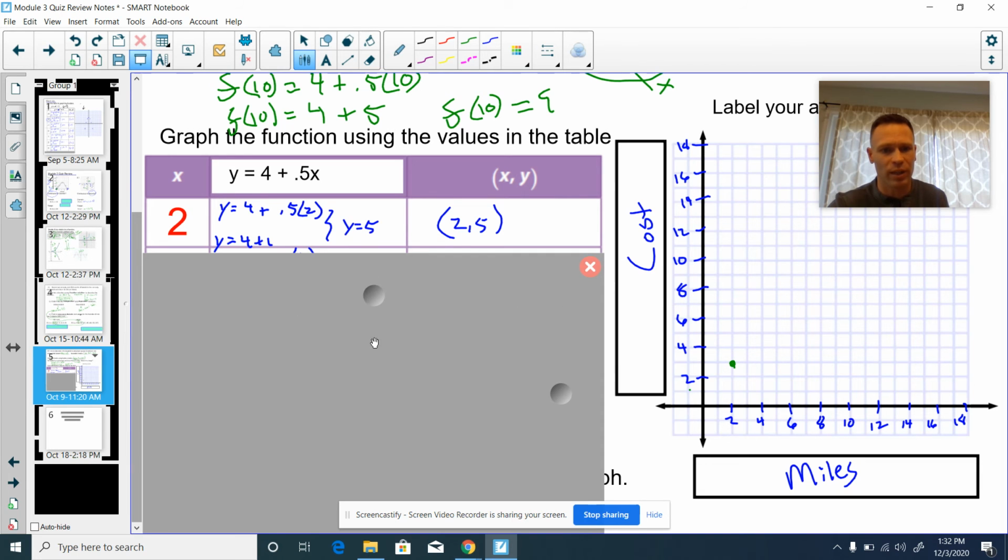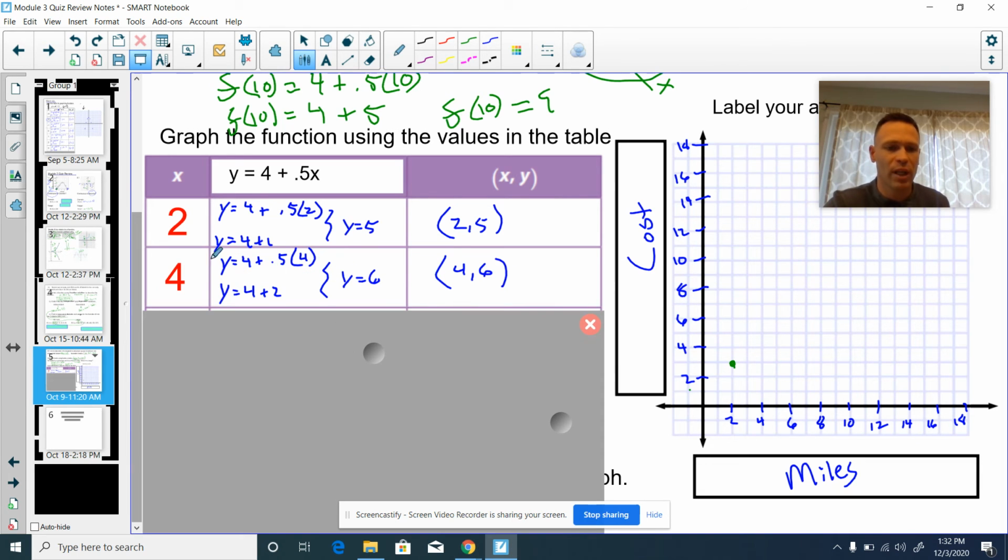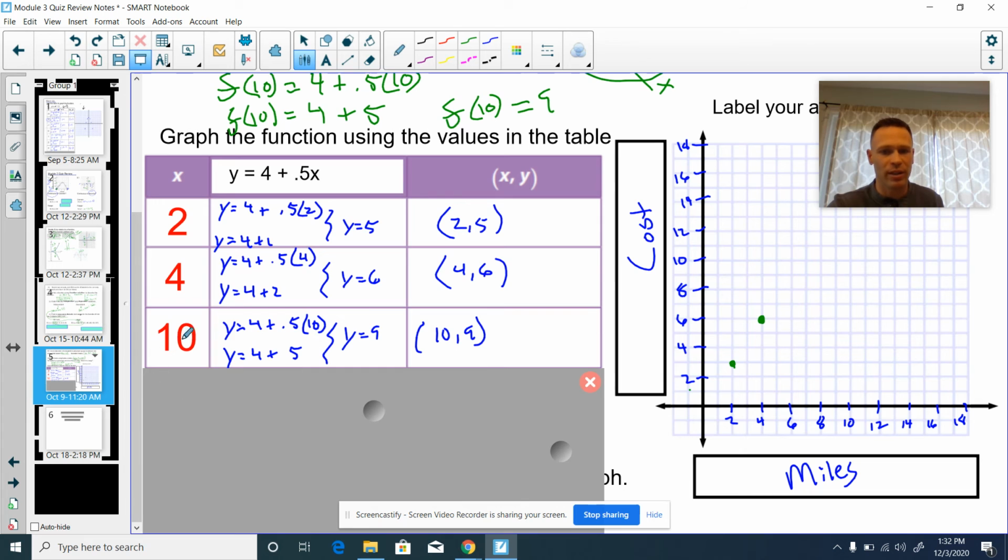In any event, let's go ahead with the next point, 4. At 4 miles, I substitute in 4. 0.5 times 4 is 2. Add 4 to that, and I get 6. So 4 miles would cost me $6. So 4, 6 would be there. Then 10, we already did that. We know it's $9, so 10, 9 is right about there.